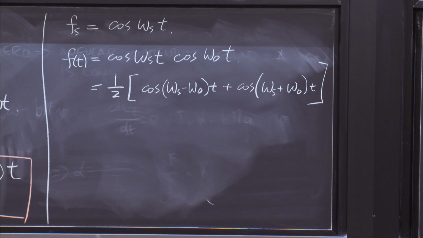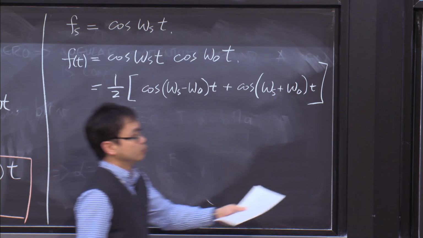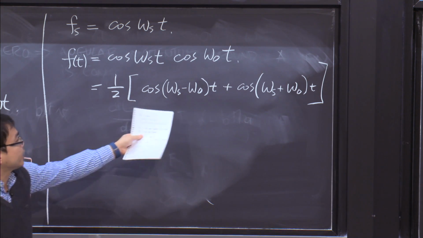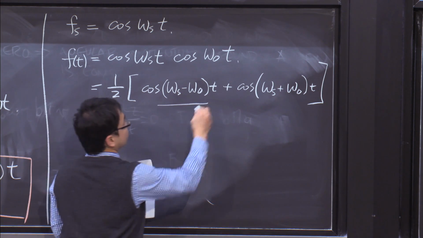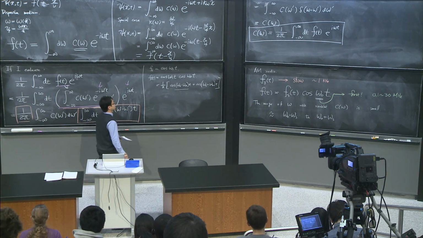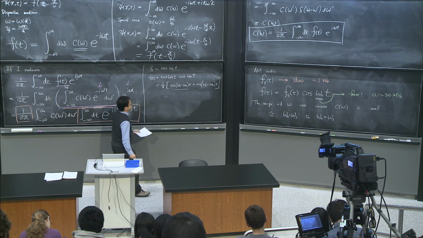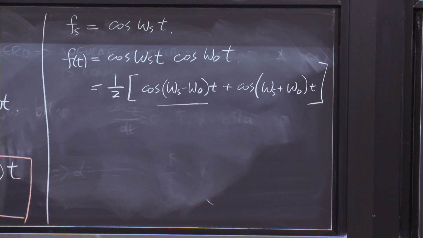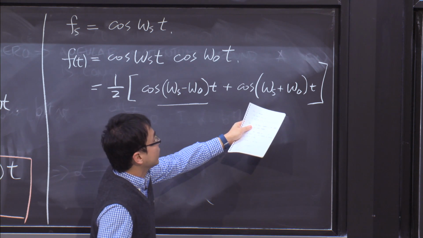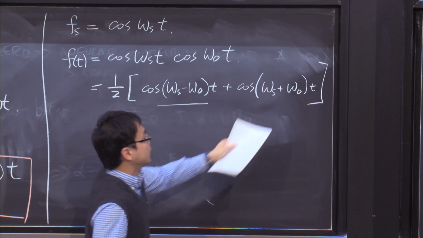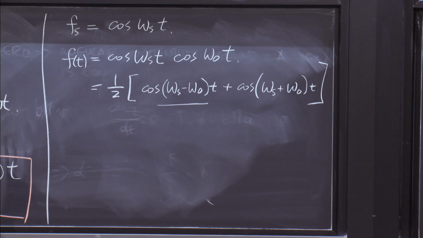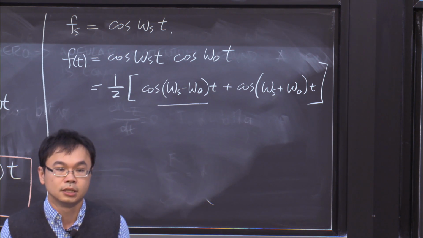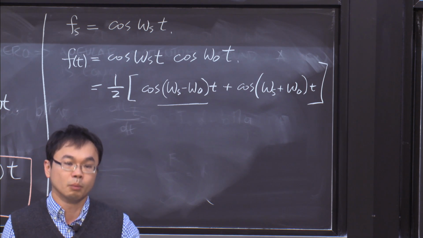When I multiply two cosine functions together, I get omega 0 minus omega s, and you can put a minus sign there, it doesn't really matter, and omega 0 plus omega s times t. So there are only two frequencies which contribute to C of omega.